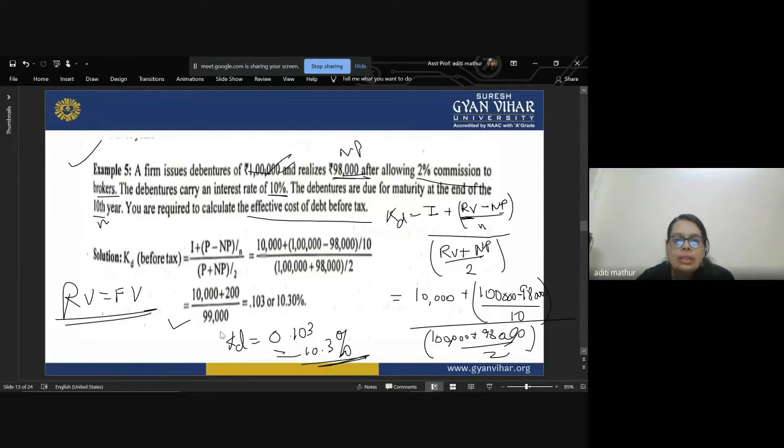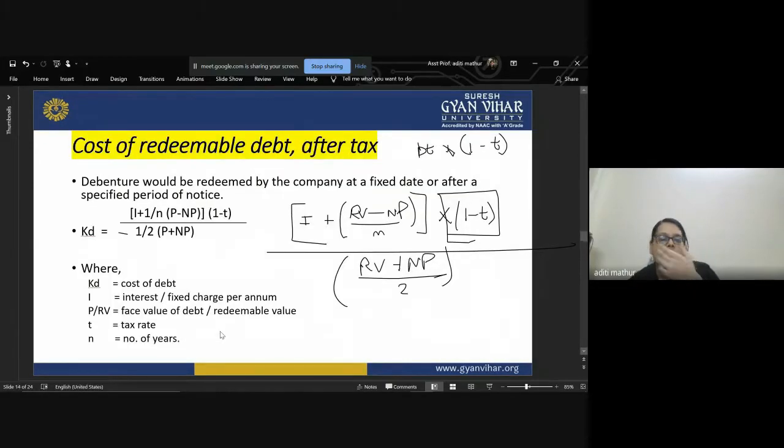Then we saw the formula for the cost of redeemable debentures after tax. There are two ways: either first calculate it before tax and then multiply it by 1 minus T, or use the formula I plus RV minus NP divided by N, whole multiplied by 1 minus T, divided by RV plus NP divided by 2.